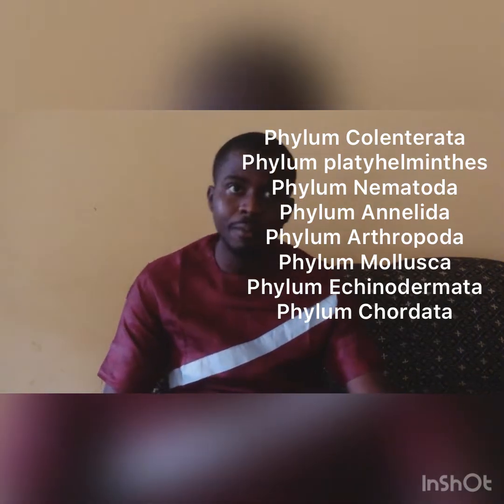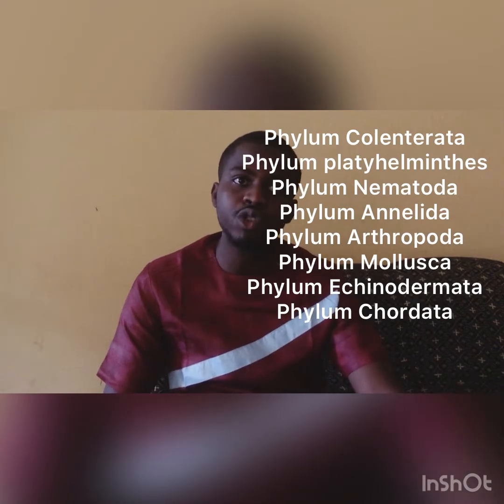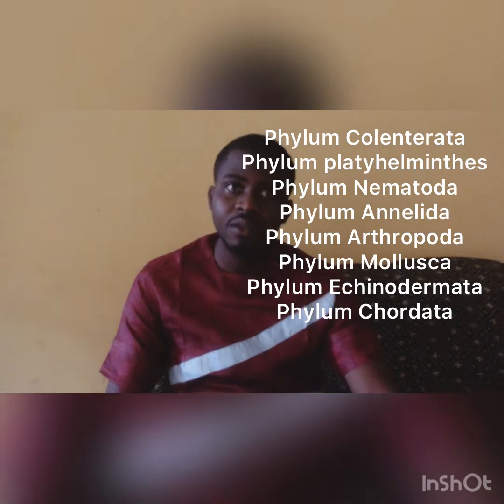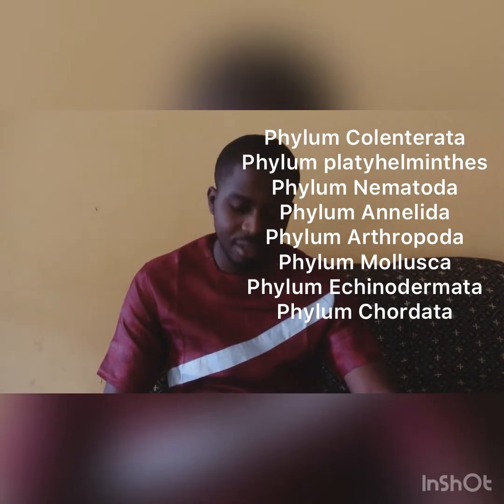After the phylum Annelida, we have the phylum Arthropoda, then the phylum Mollusca, the phylum Echinodermata, and then the phylum Chordata. All these phyla are already listed on the screen for you. So please let us take note of it. They are 8 in number, from the Coelenterata to the phylum Chordata.